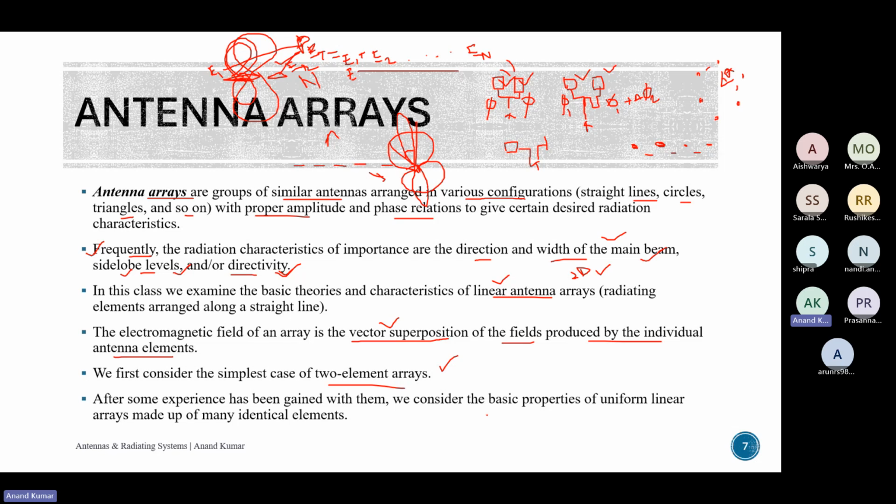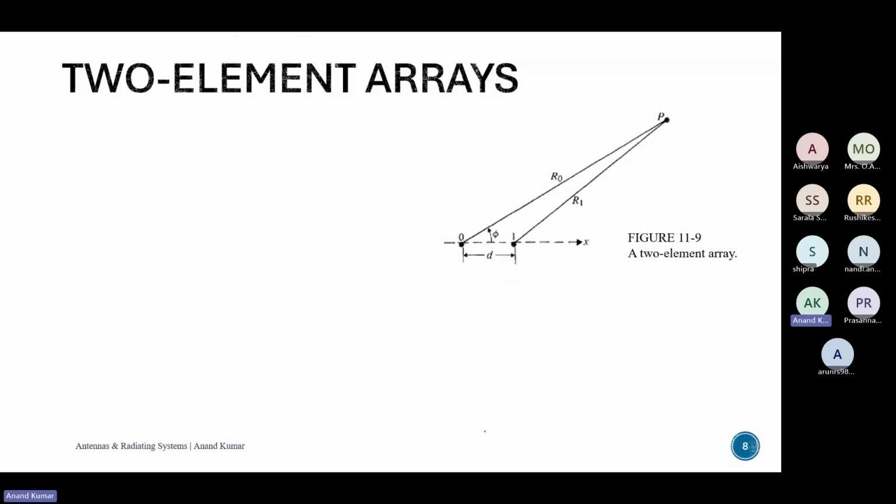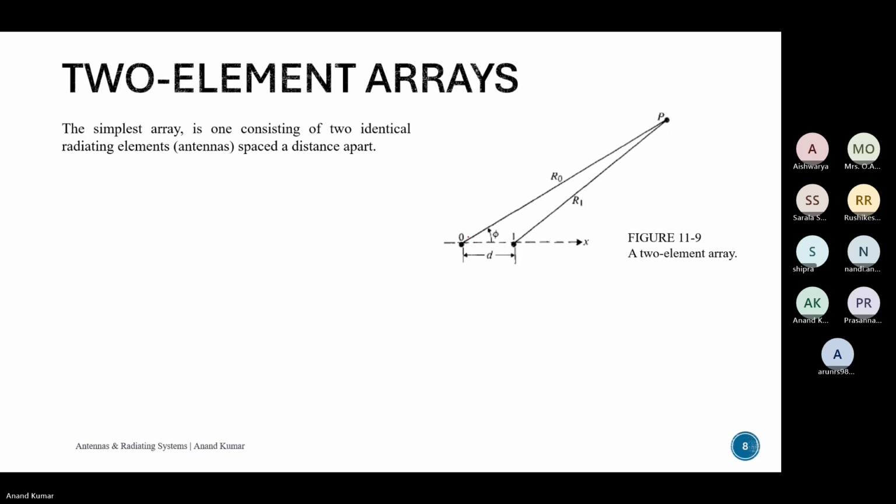Once we have some experience, the two element array that we start with will have identical elements. So let's start with that. This is figure 11.9 from the textbook, where we have two antenna elements, 0 and 1.